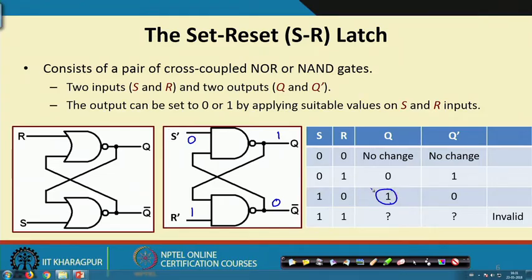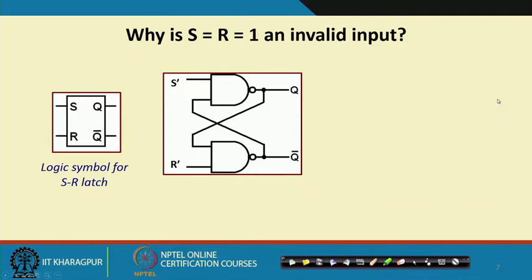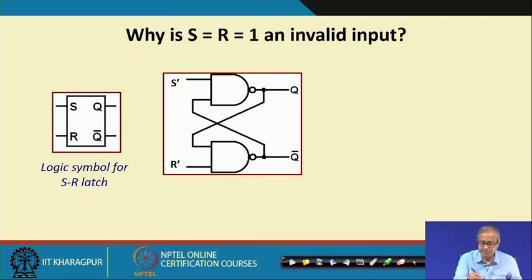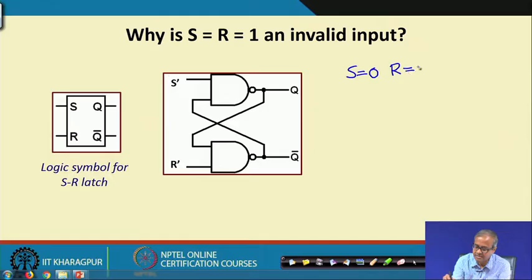right. So, now let us see why the fourth combination is considered to be invalid. Okay. So, let us try to explain this with respect to this NAND level diagram. Now, what we have seen so far is for S equal to 0 and R equal to 0 combination, the behavior of the circuit is there is no change, right.